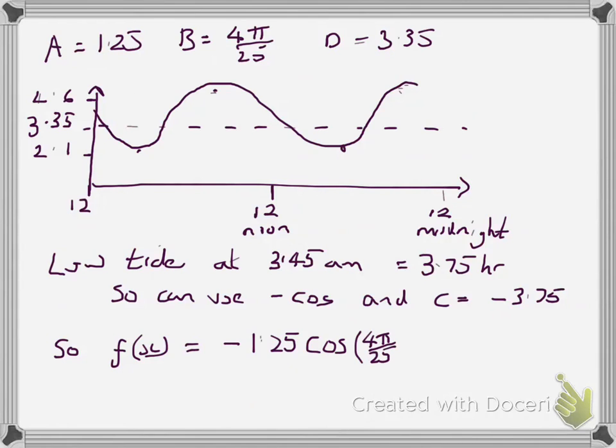I'm going to put brackets around that just because it's complicated. Bracket x minus 3.75, close bracket, plus 3.35. So that's the model for my function.